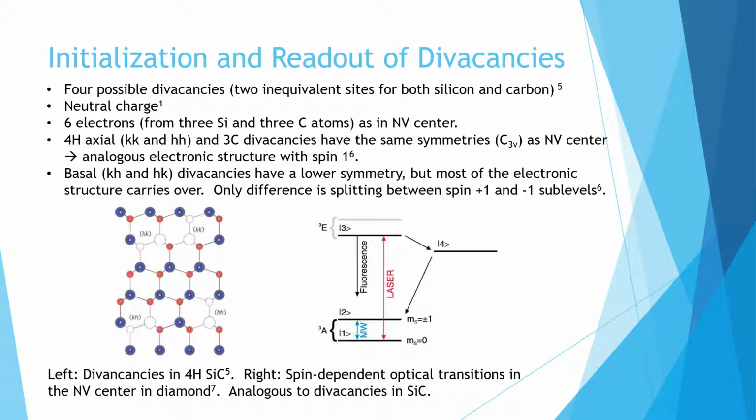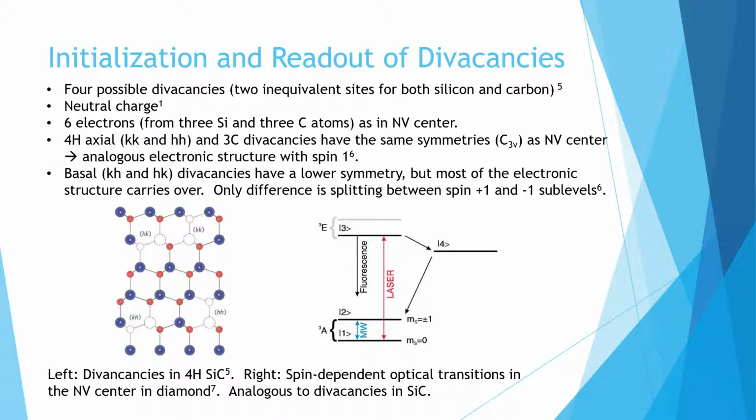And the 0 spin states are pretty much always going to fluoresce when they relax back down, but there's a good chance that the plus or minus 1 spin states pass through this singlet state through a non-radiative transition. So that's what makes the fluorescence spin dependent, and that's what allows for readout of both the nitrogen vacancy center and also divacancies. And we'll see a similar thing holds for the single silicon vacancy.